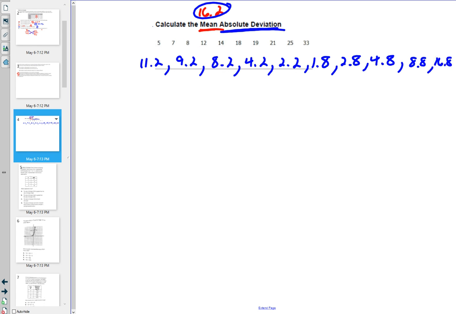So if you add all those up and then divide by how many there are, which is 10, what do you get? What is the mean absolute deviation?